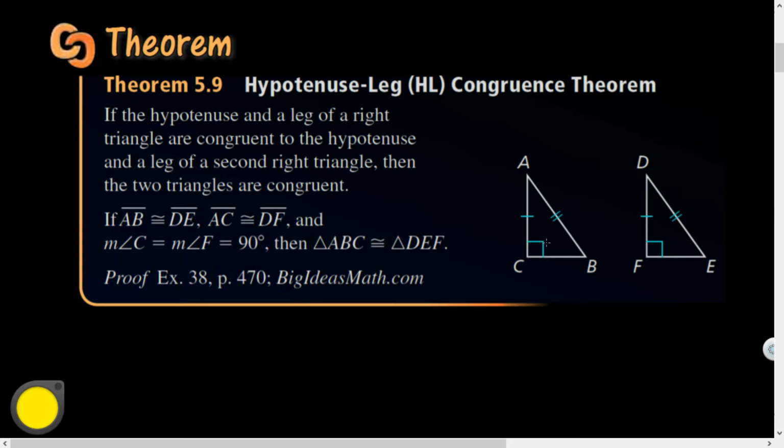This is a non-included angle, but for only the case of right triangles will it work out. So the hypotenuse and leg of a right triangle are congruent to the hypotenuse and leg of a second triangle. The two triangles are congruent because these were forced 90 degrees. Good old HL. I love it. Hypotenuse leg. Let's see now.